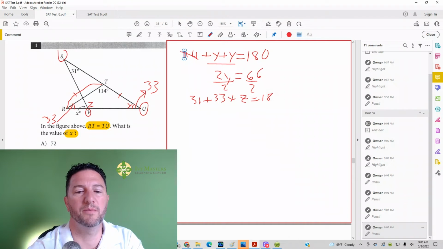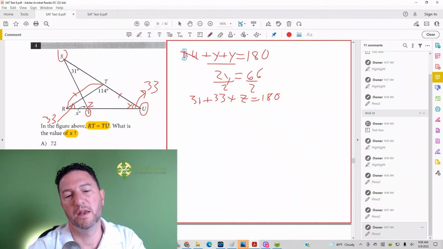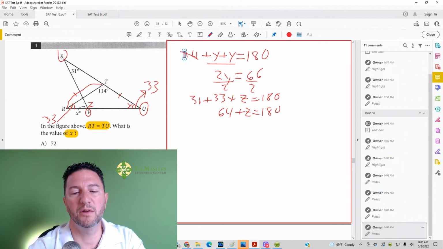I'm allowed to make up variables and just assign them. Then when you add your 31 and 33, you get 64 plus 2Z equals 180. Then when you subtract the 64 from both sides, you get 2Z equals 116, so Z equals 58.